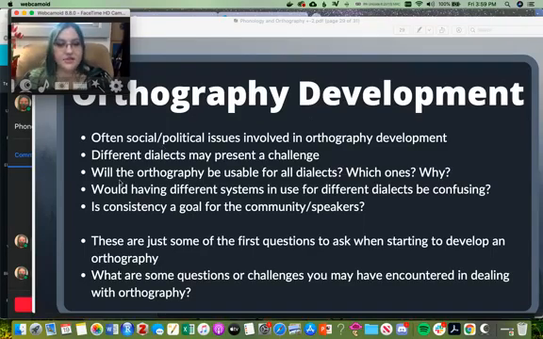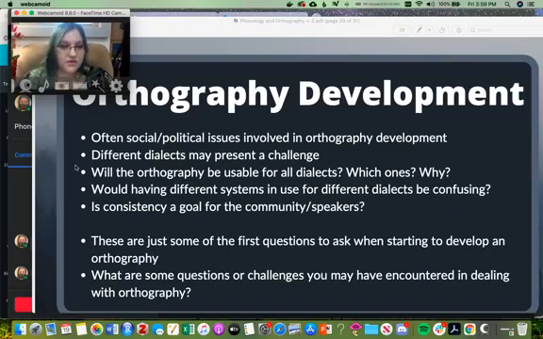So would having different systems in use for different dialects be confusing, for example? Is one of your goals to be consistent and have a system that works for all of the speakers of different dialects? So these are just some examples of possible questions to ask when you're starting to develop an orthography.